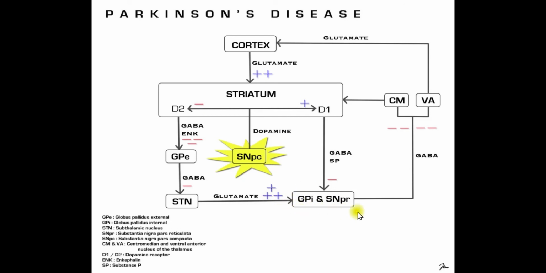If it stimulates it more, it's going to put out even more GABA to the ventral anterior nucleus and even further shut down glutamate going back to the motor cortex. So degeneration of the substantia nigra pars compacta, both through the direct and indirect route, both work to result in less glutamate going back to the motor cortex. And someone has Parkinson's disease.